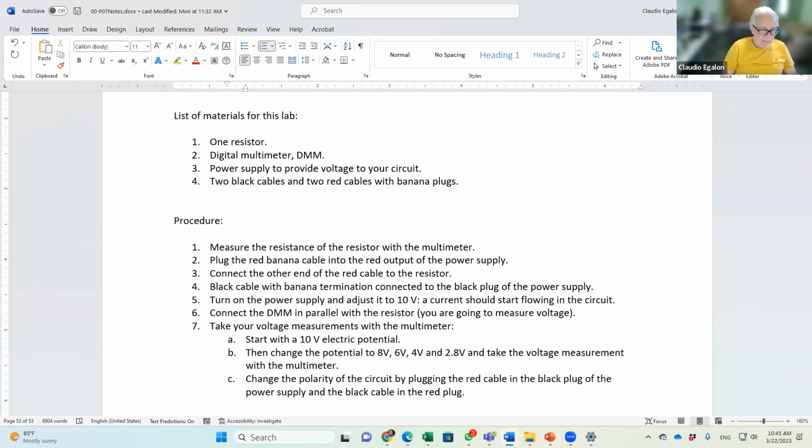Okay. Repeat the measurements in items 7A and 7B.